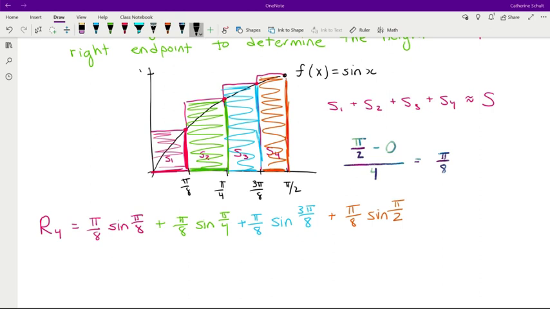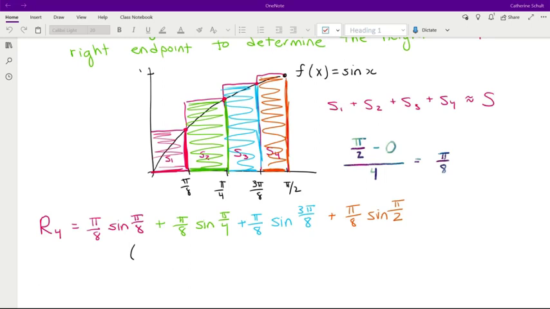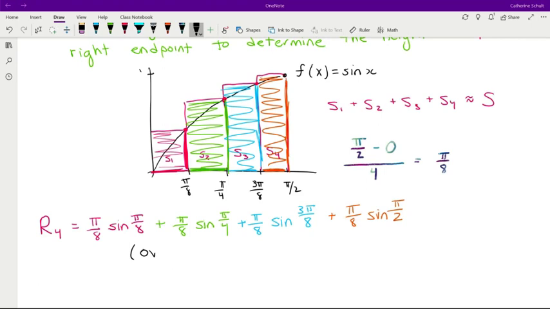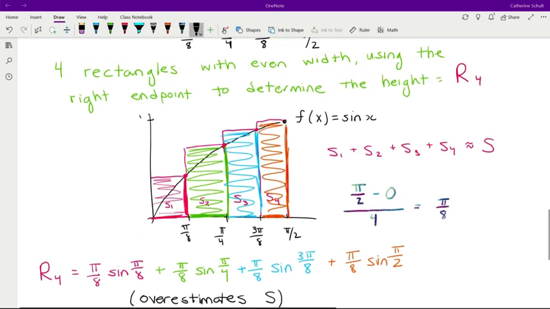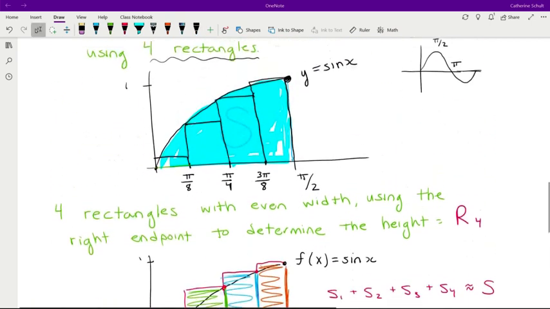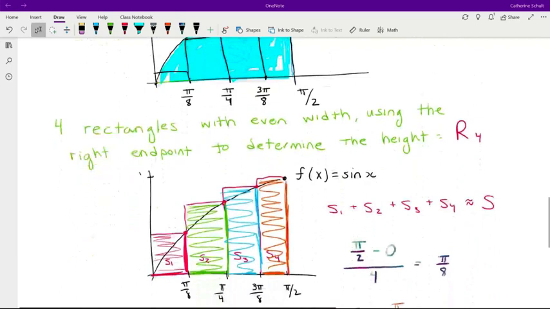In this case, it's going to overestimate. Not all cases, right? If it was a decreasing function, it could underestimate. All right, but in this case, R4 is overestimating S, the actual area under the curve.